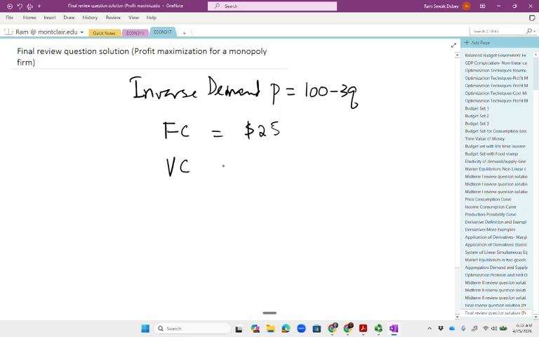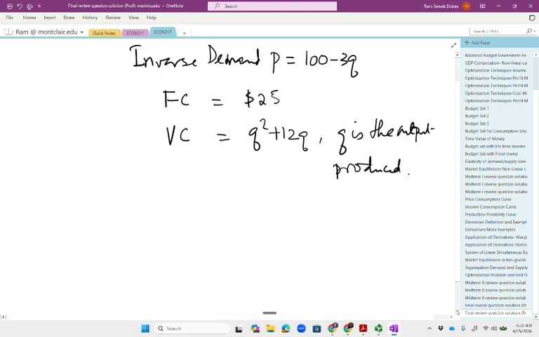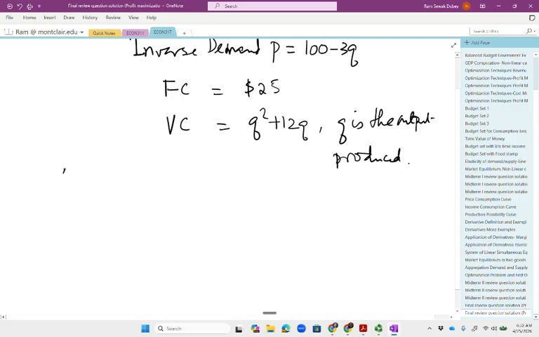The variable cost is given as Q square plus 12Q, where Q is the output produced. With this, in the first part, we are required to find the expression for the profit.